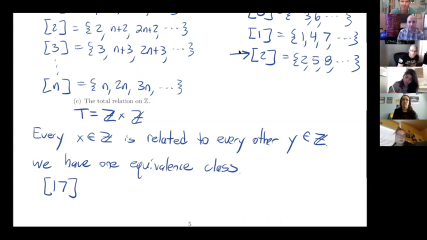Okay, I'm going to pick my favorite integer, which apparently is 17. That was the first thing that came to my head. So, right, we just have one equivalence class here. And what's another way that we could describe the equivalence class? It should be a very nice looking set.